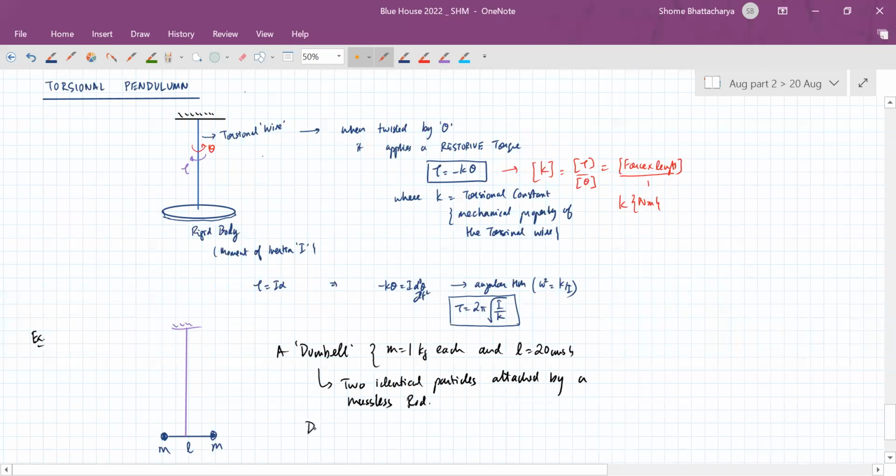Now this dumbbell is suspended from its midpoint by a torsional wire.